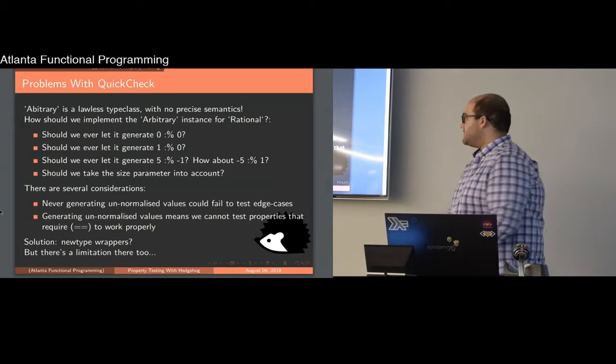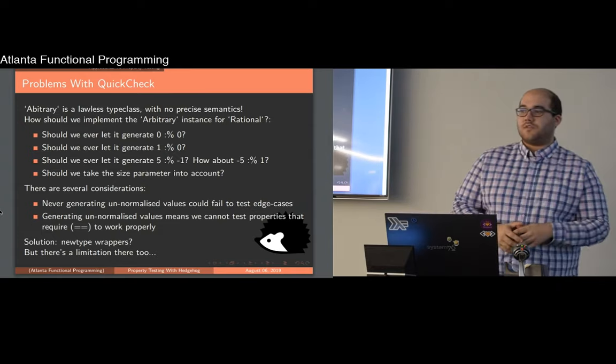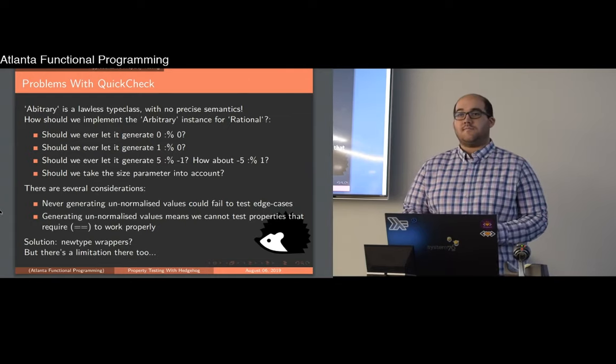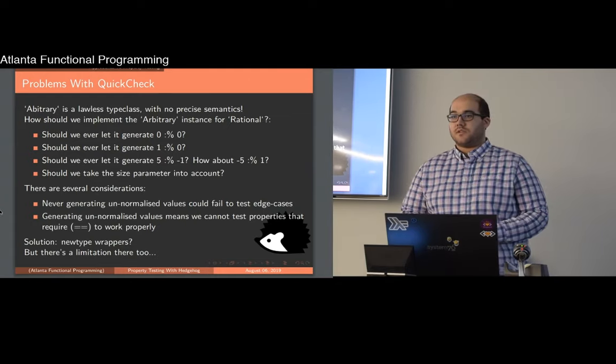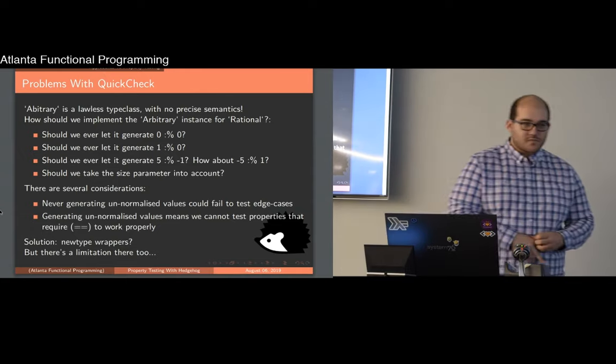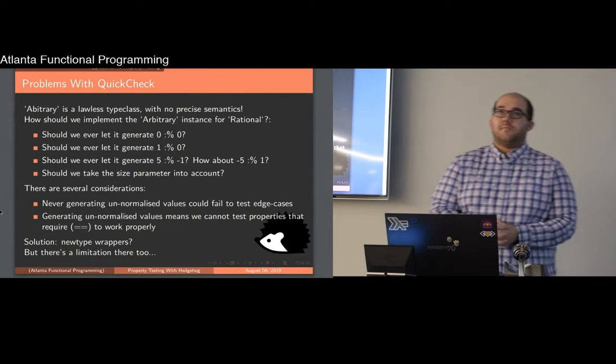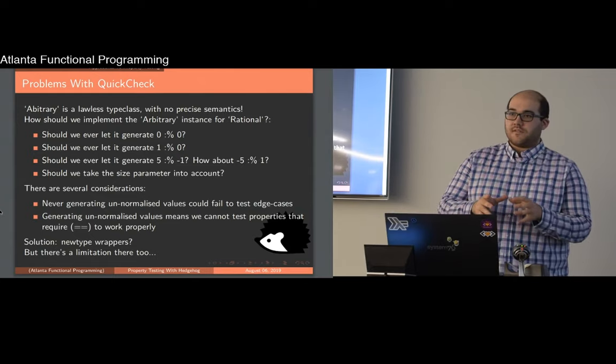So the typical solution is to have a newtype wrapper around all of your types. So for example, if we only want positive numbers, there's a newtype wrapper called Positive, and it wraps any number type, and it will ensure that you're generating a positive number.